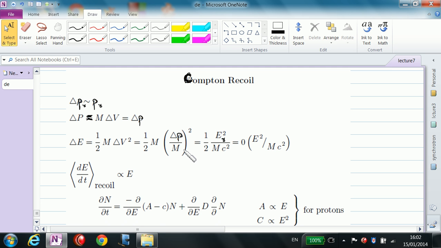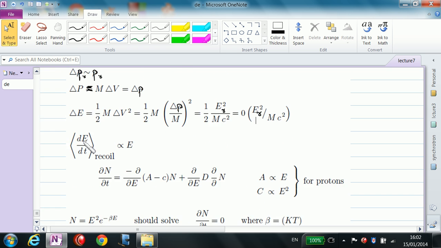I'm just going to write sub gamma to refer to the photon energy, and this refers to the scattering energy. So the point is the rate of recoil is proportional to the square of the photon energy, because it's proportional to the square of delta p, because the scatterer was presumed to be non-relativistic.